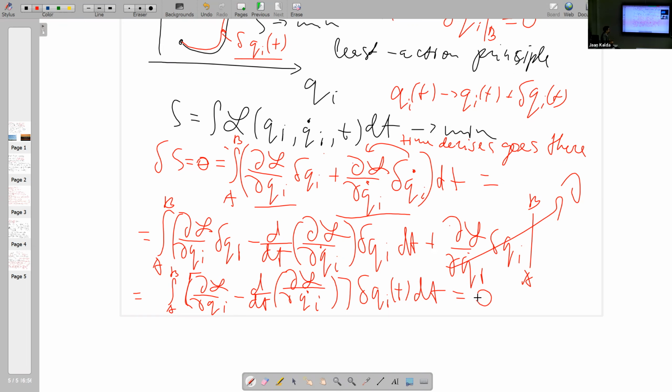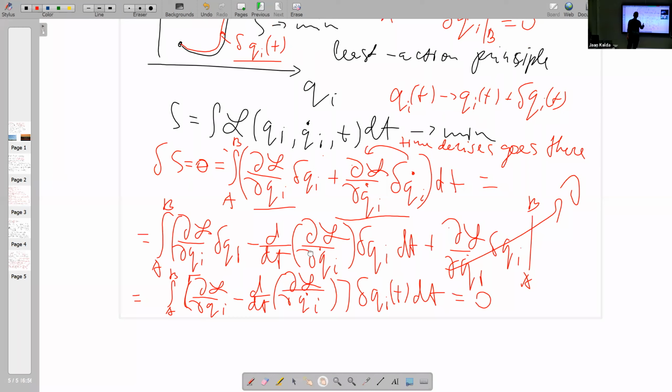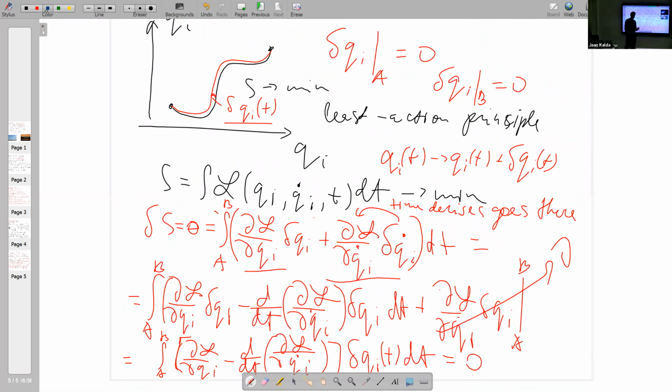So let us suppose that this guy here is non-zero at a certain point of the trajectory. Let us go back to this figure over here, and let us say that at this point, the thing over here, let us denote it f. Suppose here f is not 0.